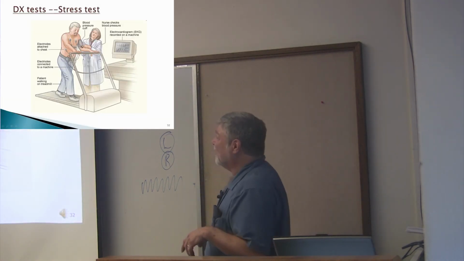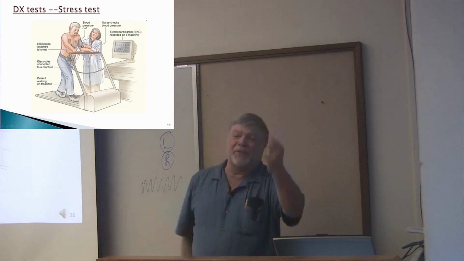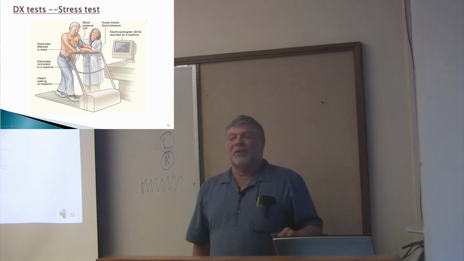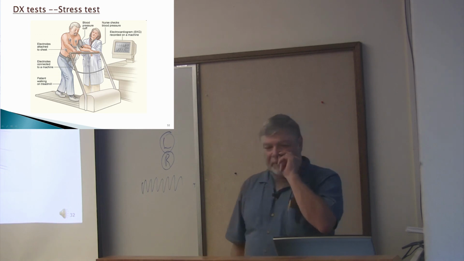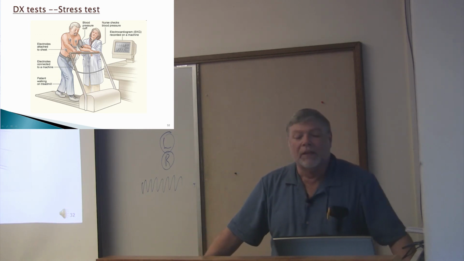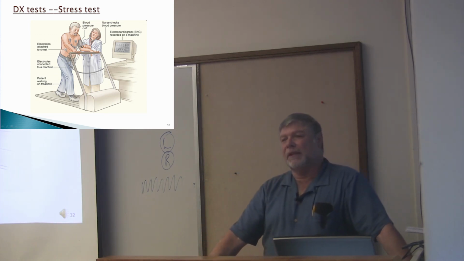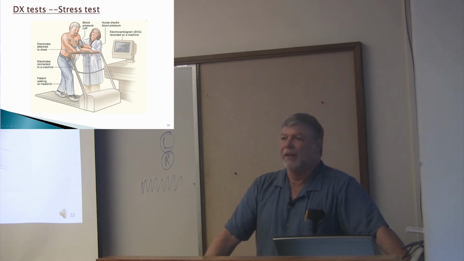So we have various kinds of stress tests. We can put electrodes, and they do this treadmill, and you tell them not to eat breakfast before they do the treadmill because they'll puke all over everything. They take them up to their max, and they look for changes in their EKG. They look for ST elevation or depression.